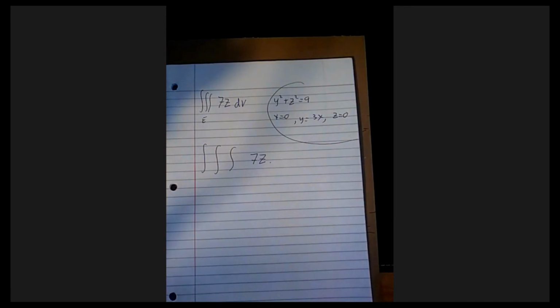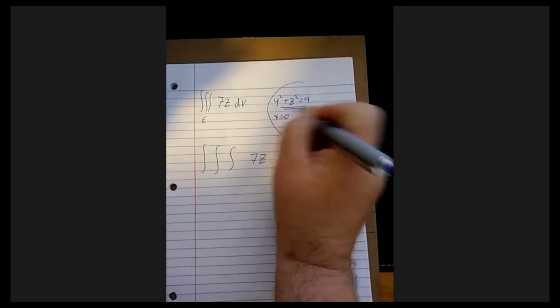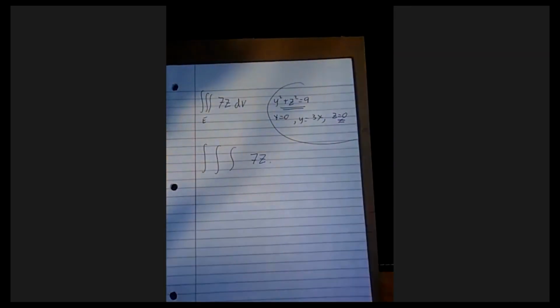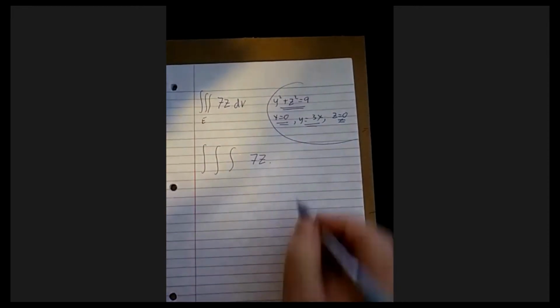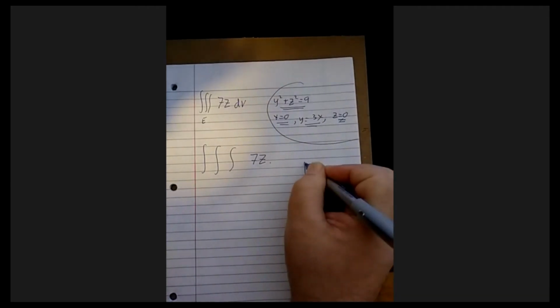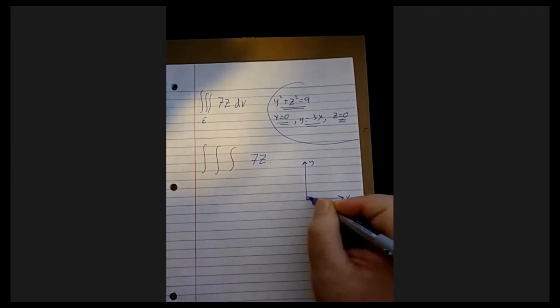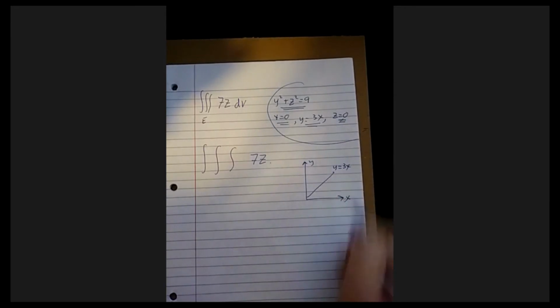Now let's see what I have here. I have z equals 0, and I've got this guy. I've got x equals 0, and I've got y equals 3x. So if I'm trying to just put some of this information in a visual format, that's basically all those things are telling me.